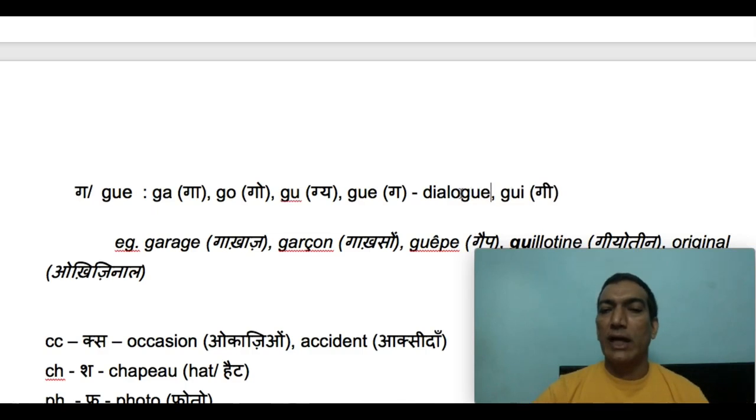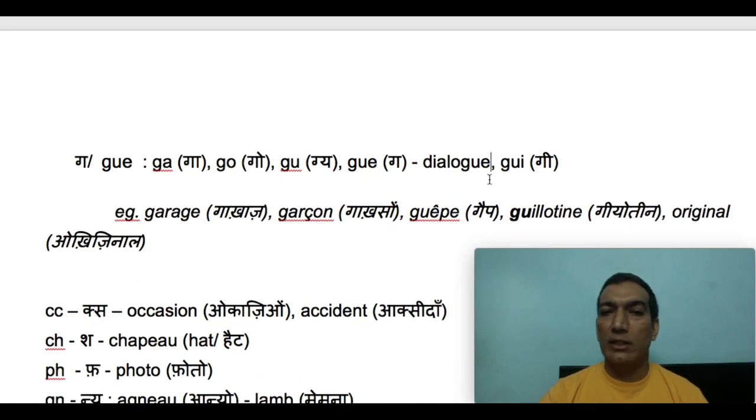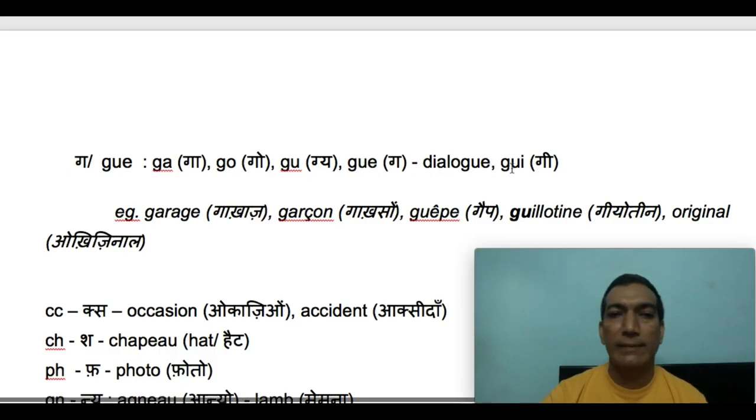In dialogue, you will not pronounce u. It is just to say that g is pronounced as g and not j. And the same applies for gue and gui, where it is g and not j. So we add a letter u between these two letters.